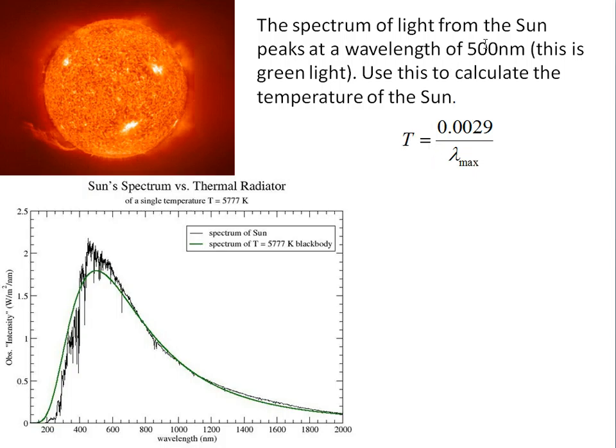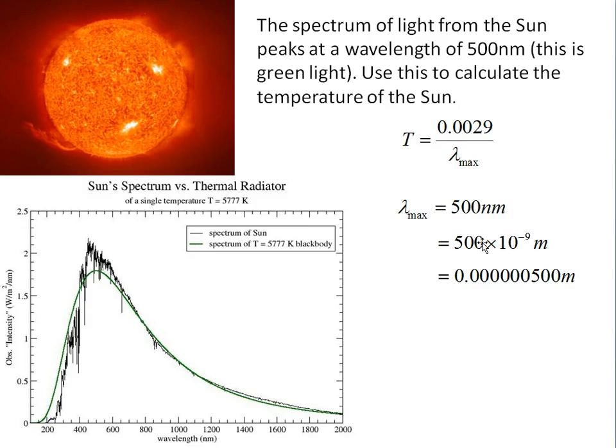Now we're given lambda max in nanometers. We're told that it's 500 nanometers. You cannot plug that in here because this has to be in meters. This will be in Kelvin. Whenever you're using Wien's law, lambda max is in meters, temperature is in Kelvin. So the first thing we want to do is convert 500 nanometers into meters. Well, a nanometer is just 10 to the minus 9 meters.